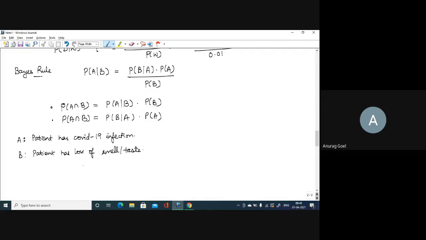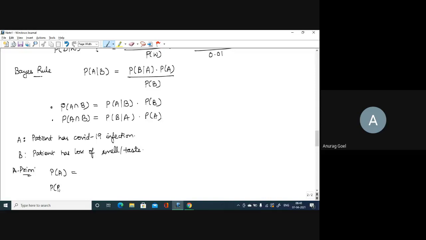Okay, now we should have these a priori probabilities with us, which is: what is the prior probability of COVID infection, P(A)?